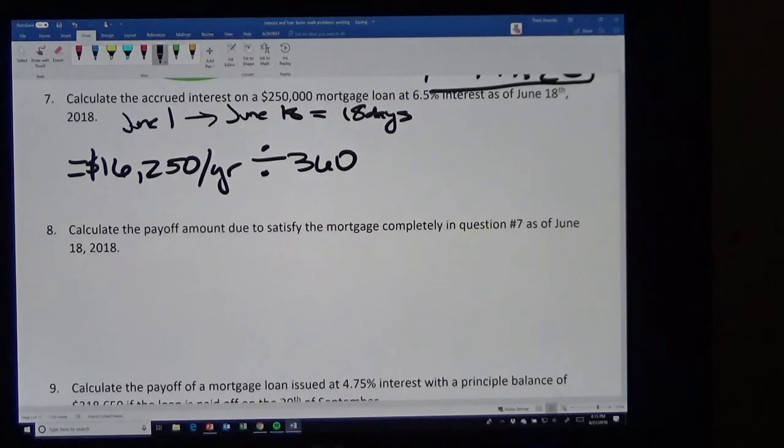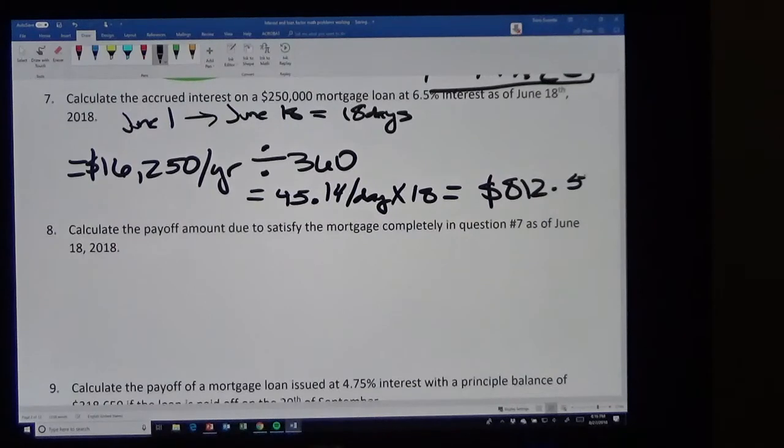So that's $45 and about 14 cents per day. Times 18 days. And that equals an accrued interest charge of $812.52. $812.52 would be the accrued interest charge there.